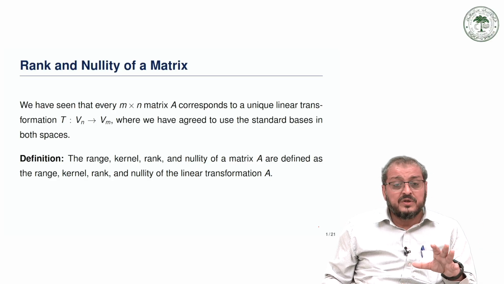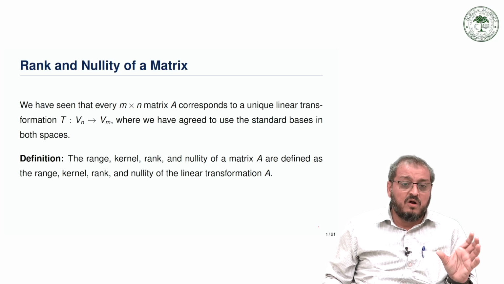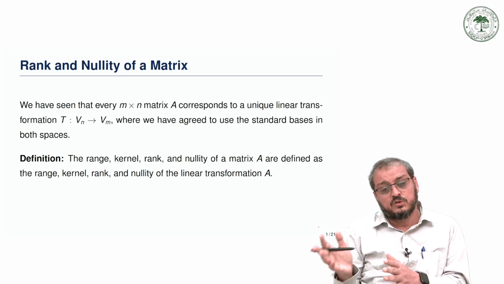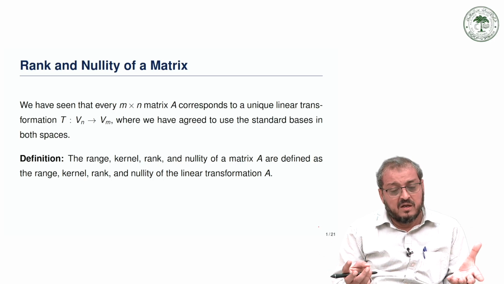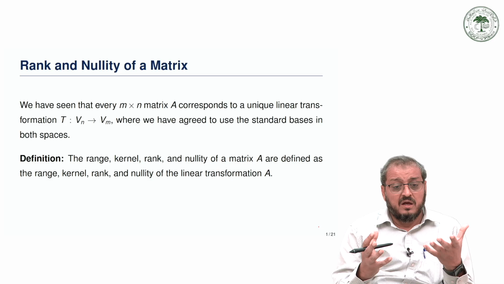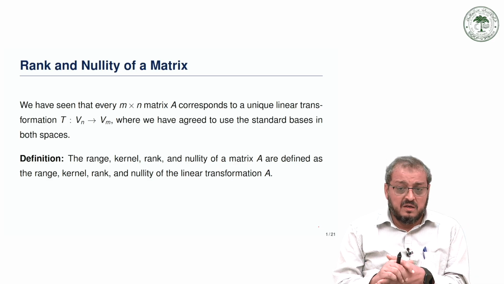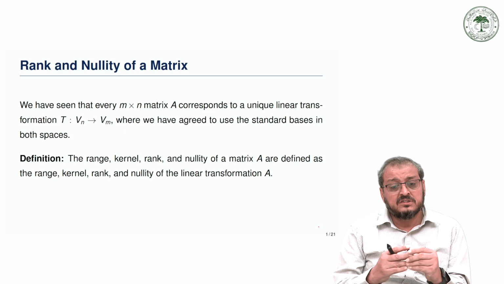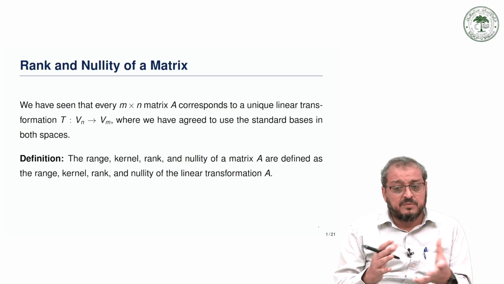And nullity is the dimension of the kernel, the set where Tx is equal to 0. The dimension of the basis of the range of A is called the rank, and the dimension of the basis of the kernel is called the nullity of this matrix.